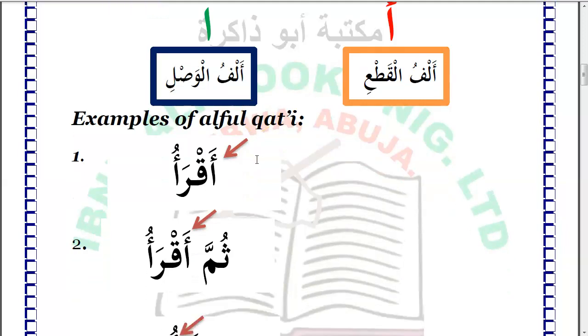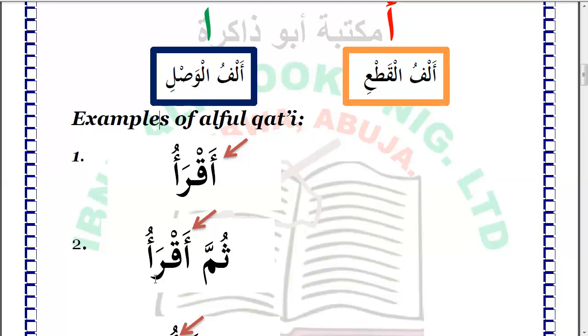Now the examples of alif al-qati. Here is alif al-qati. We read it as ak-ra'u. So it is read, not omitted. Now here it is in the center: thumma akra'u. So it is read also, not omitted.